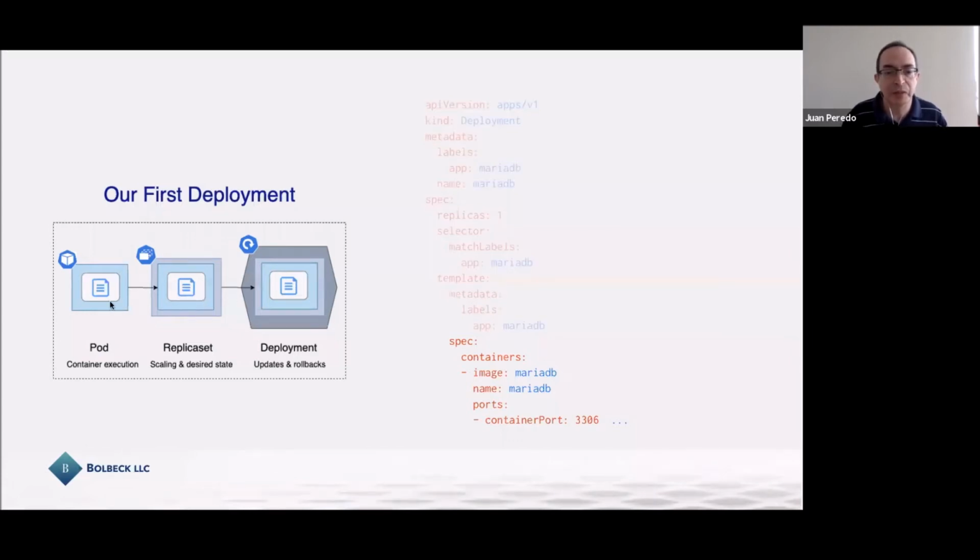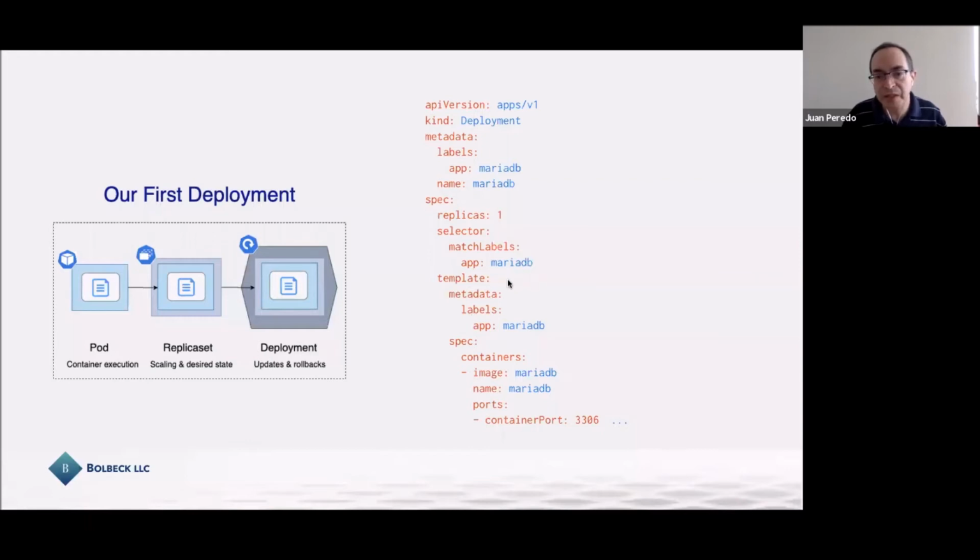At the very bottom, we have the specification of our container running inside of a pod. Then we have our replica set, which is going to be running one replica in this case. And finally, we have the definition of our deployment. And all those three things are what make up our first deployment.